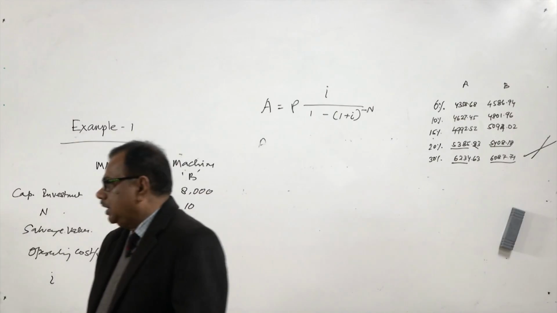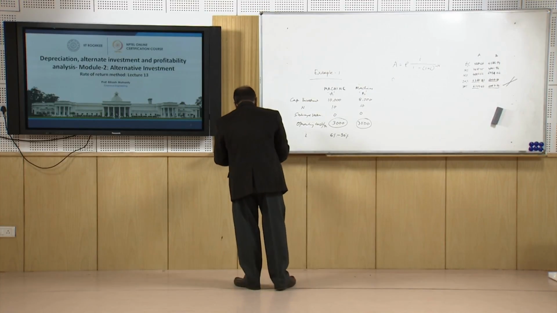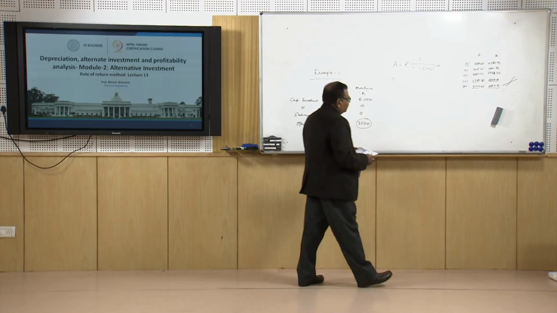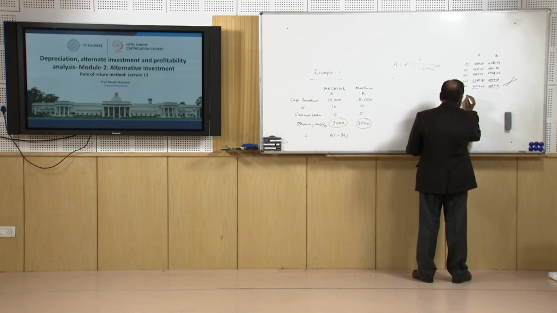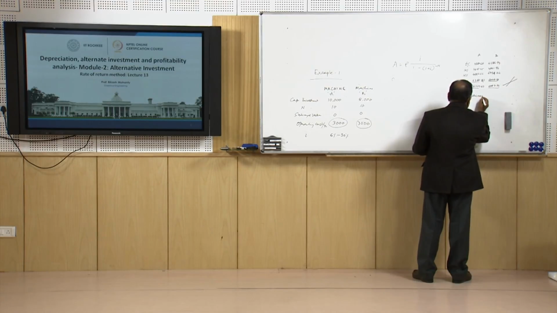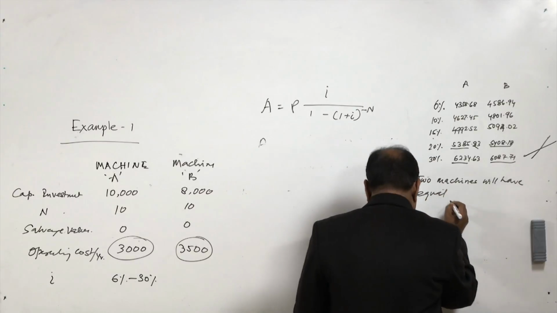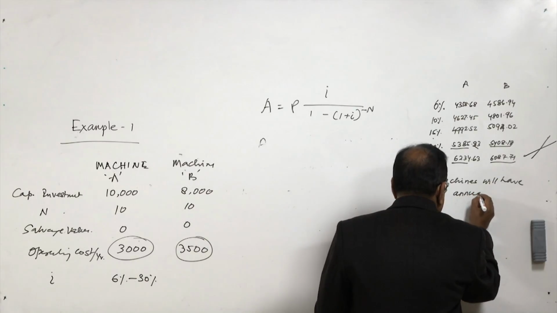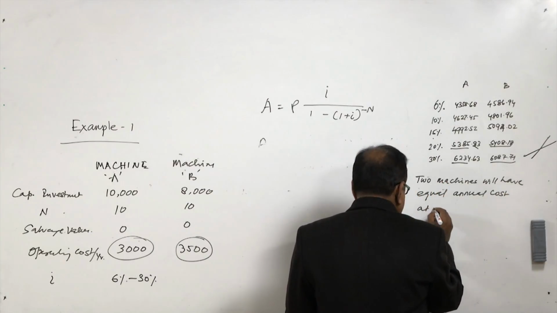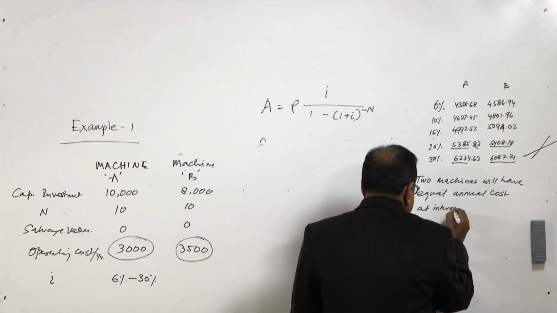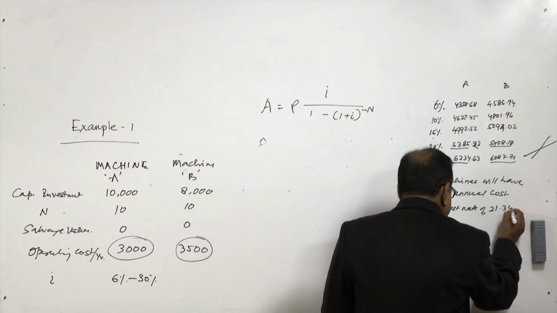Now, is there a method to calculate? Answer is yes. We will find that two machines will have equal annual cost at an interest rate of 21.346%.